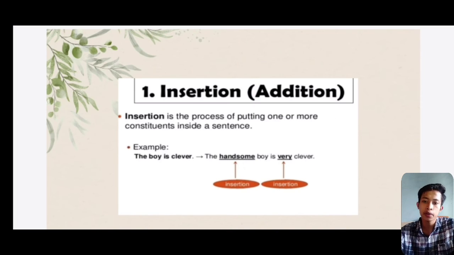First, we will talk about the insertion or additions. Insertion is the process of putting one or more constituents inside a sentence. For example, the boy is clever. The handsome boy is very clever. So there were two insertions. The first is handsome and the second is very.